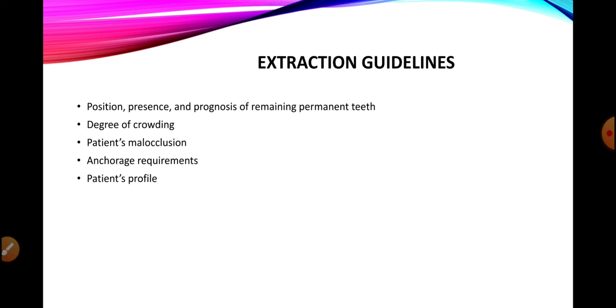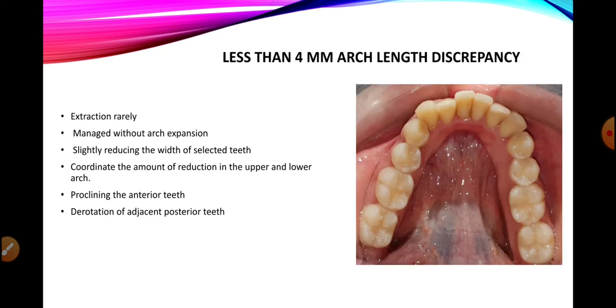By patient profile, we mean, for example, a well aligned arch but bimaxillary proclination, where both the uppers and the lowers are proclined and causing lip incompetency. In those cases, still we are going for all first premolars, so that the teeth can be taken back, and the lips should be taken back as well, and that will give competent lips and a harmonious profile. So patient profile is one of the major determinants when we are planning the extractions.